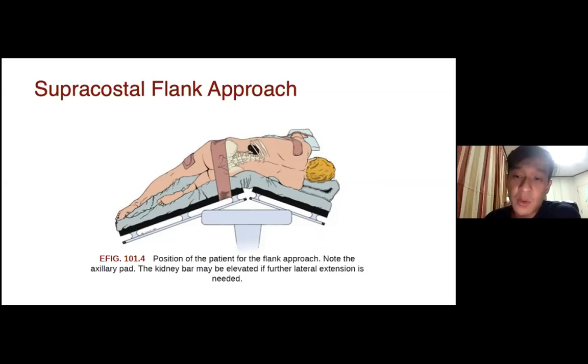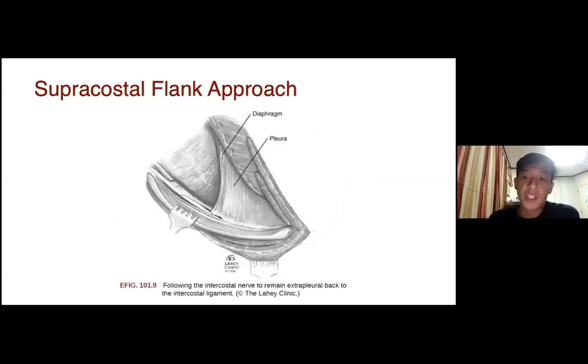The incision is carried through the subcutaneous tissue, and the latissimus dorsi and the serratus muscles are transected in the posterior aspect, revealing the intercostal muscle. So you proceed with the same procedure as mentioned earlier, moving the peritoneum medially.